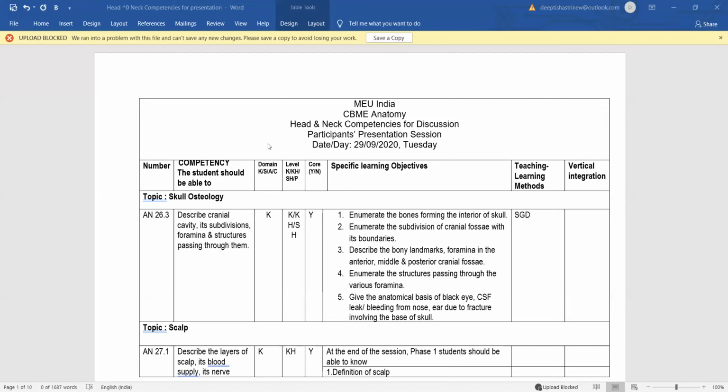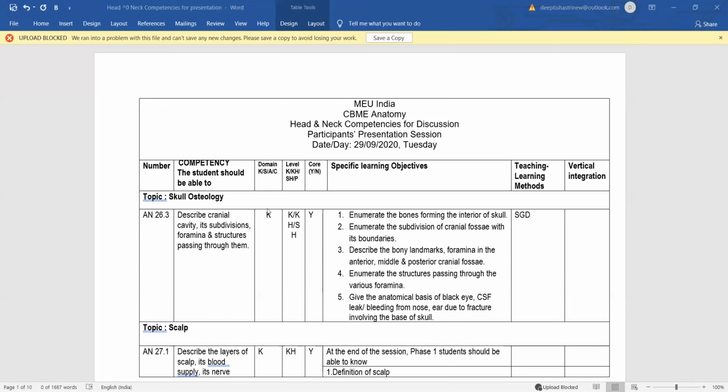When you take any one topic, like describe the cranial cavity here, you're going from the lower level, enumerate what the bones are, and then go up to a higher level of explaining the clinical anatomical basis of a clinical condition. So there itself you go from K onwards upwards.